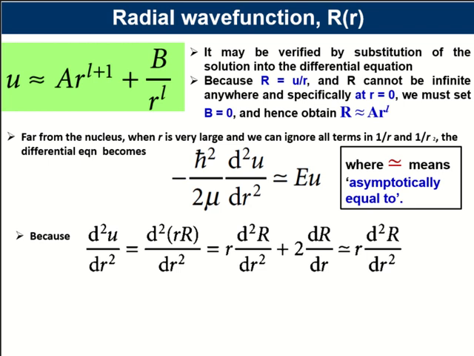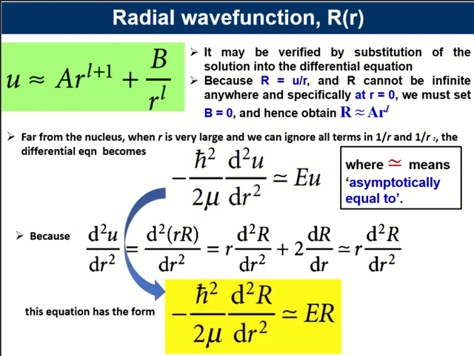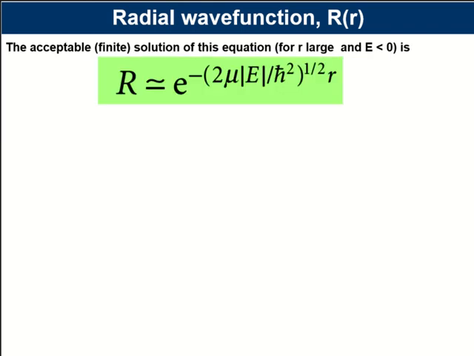So this equation we have transformed into a relatively simpler equation in terms of u and small r, that is the radial distance. So finally, the acceptable solution will look like this: an exponential with an r term appearing. So it is an exponentially decaying function.